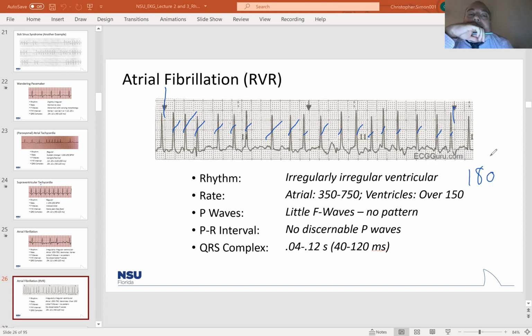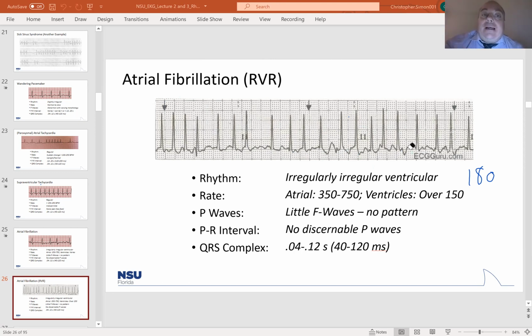Okay. P waves, well, we don't have them, so that means we can skip all the other P wave questions. What about our QRS width? Well, QRS is narrow. We're going to look at wide QRSs eventually, guys, and I promise you, when you see a wide QRS, you'll say, oh, okay, I get it. These are like one box, maybe 1.5, so your QRS is narrow.